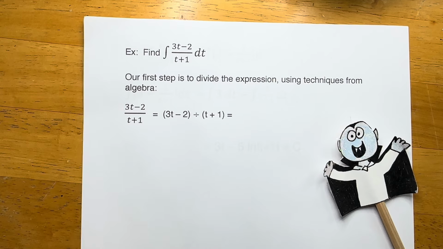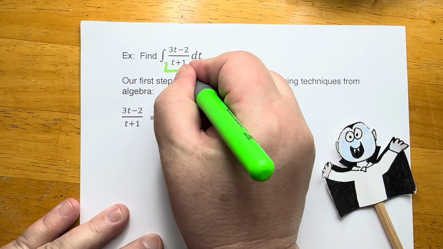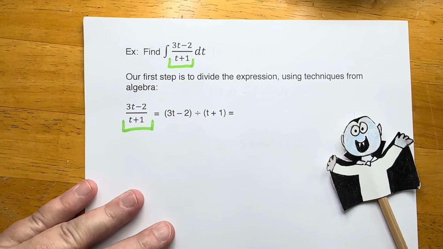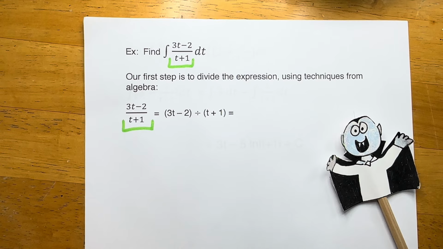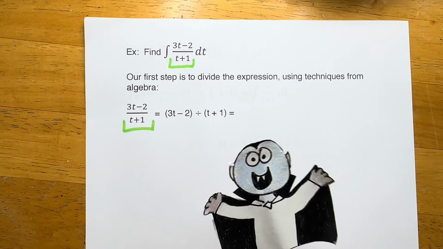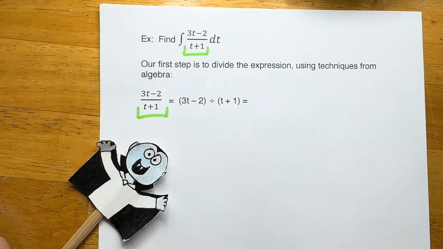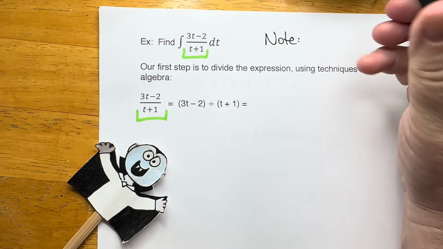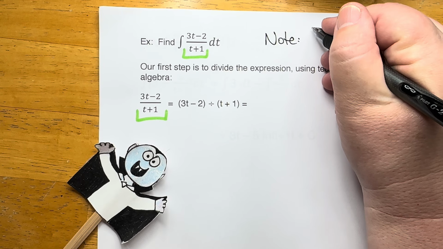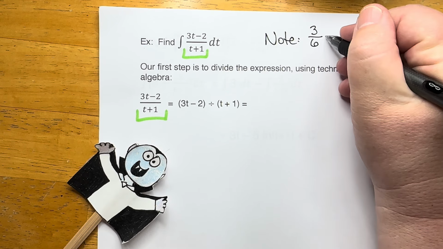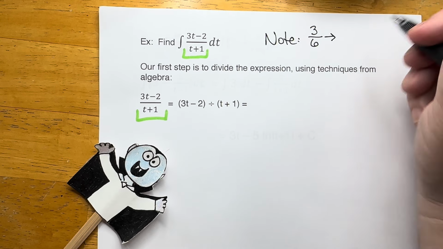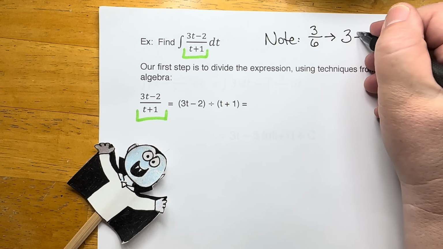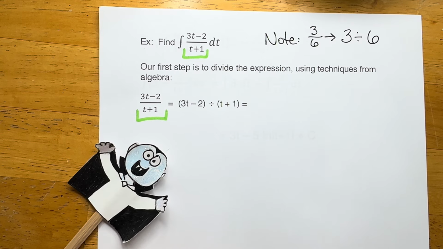Okay, so I'm going to take this expression, the 3t minus 2 all over t plus 1, and I'm going to treat it like a division problem. And I want to make a note. I'm going to move Sparkly Vampire over here. Thank you so much. And I'm going to remind you in this note that if I have something like, let's say, 3 over 6, that actually is another way to write 3 divided by 6.